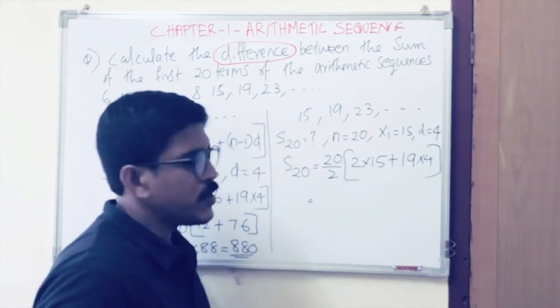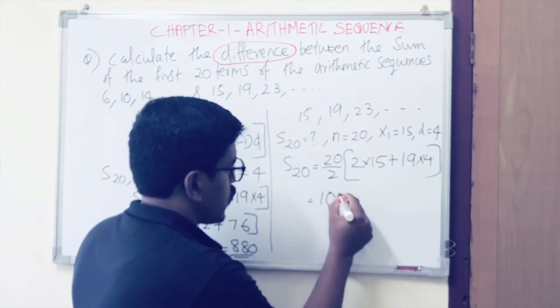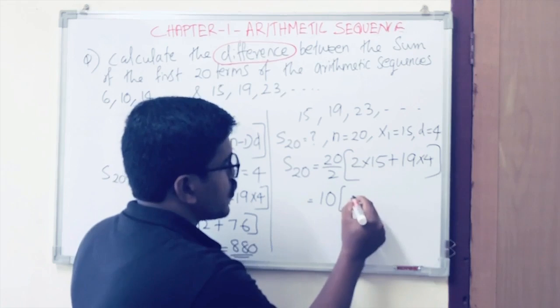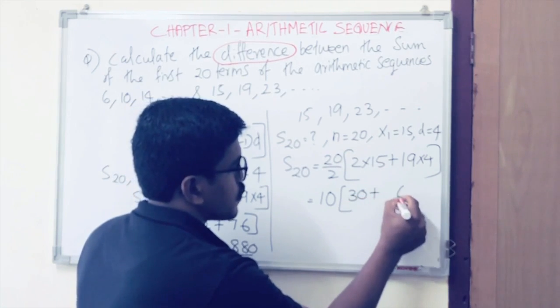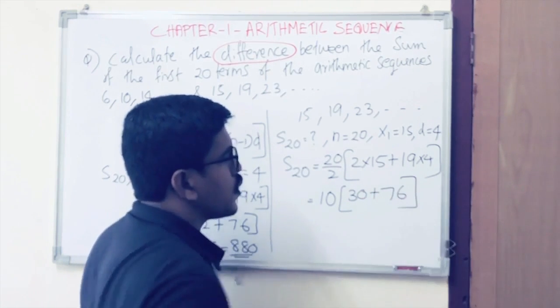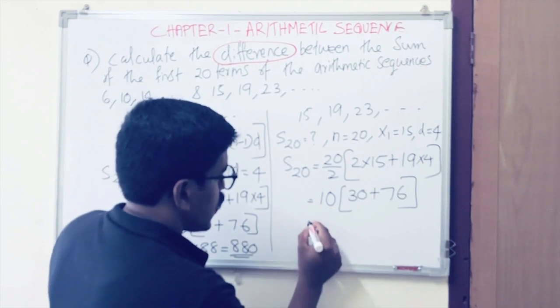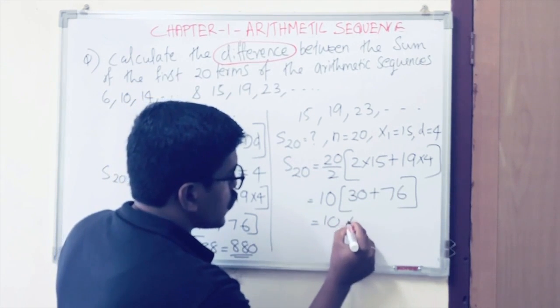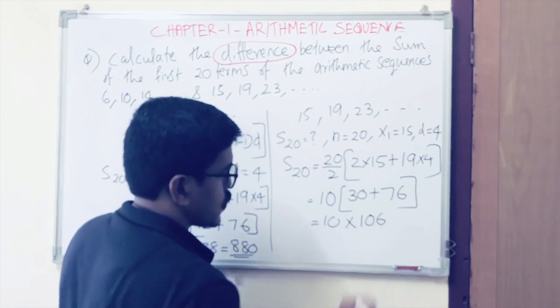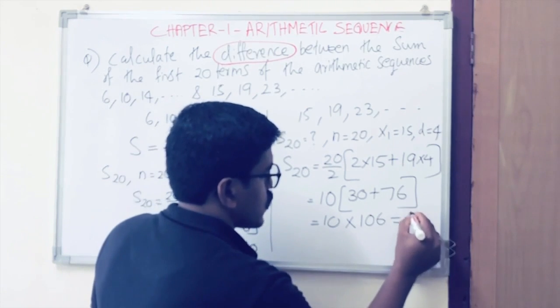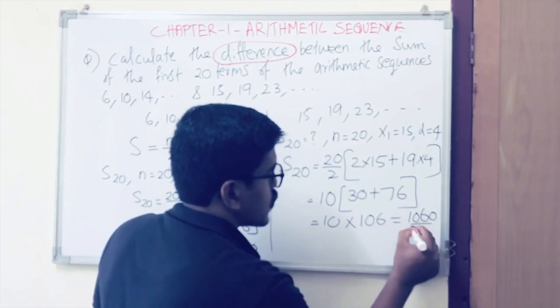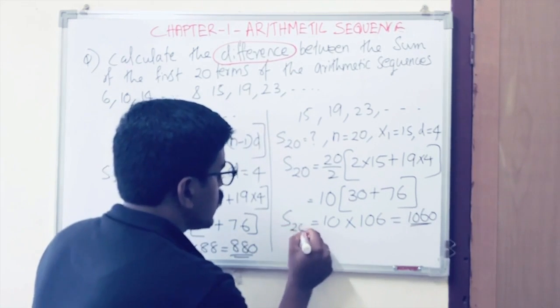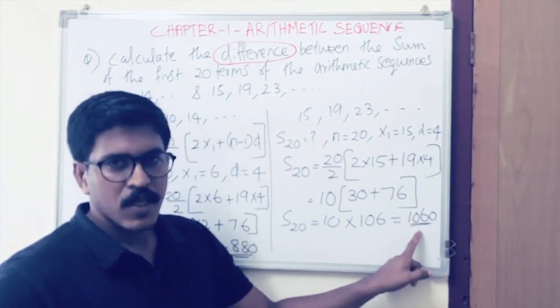That is 20 by 2, all of you know that, that is 10. 2 into 15, 30 will come, plus 19 into 4, that is 76 will come. That is 10 into 106, that is 1060 will be the answer. S20 we got as 1060.